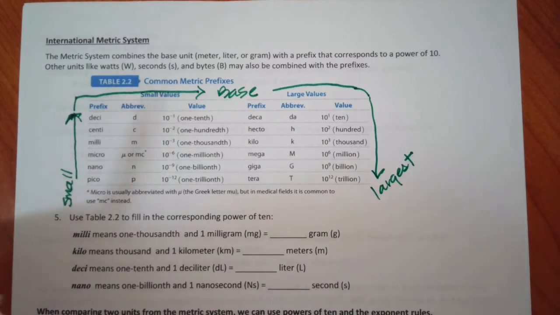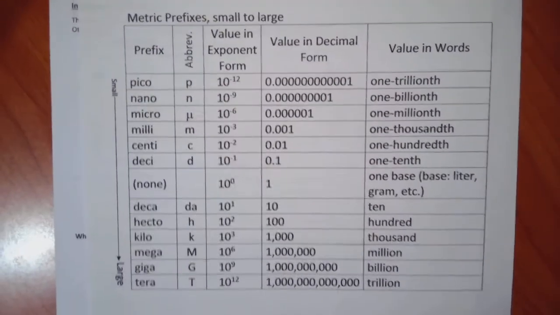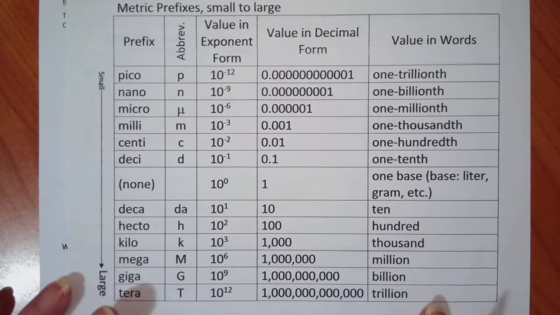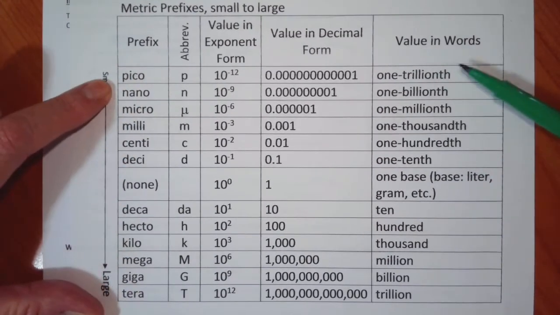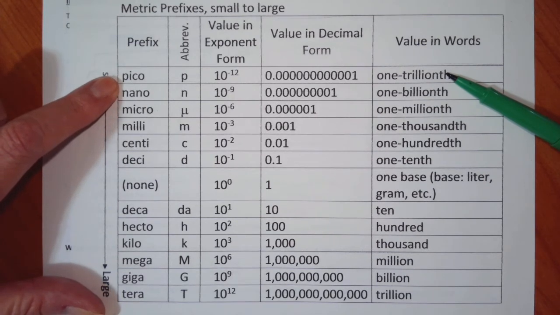Now, an easier way to see this, what I've created here is a chart with the prefixes that go from small to large, for you to see what they do. So if you start off at pico, and these are not things you're going to use a lot, but pico is 1/1,000,000,000,000th.